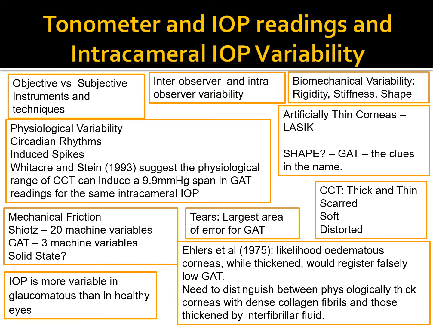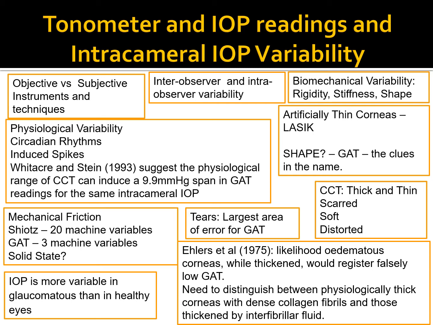We already all know that there's a huge number of things that do cause variability in all tonometry measurements. Some are objective, some are subjective: instrument techniques, physiological variability, circadian rhythms inducing spikes. Whitaker and Steen suggest a CCT can induce a 9.9 millimeter of mercury span in GAT for the same intracameral IOP.